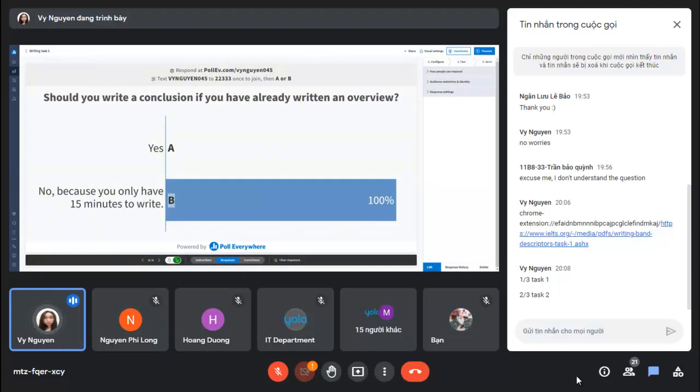But if you have a 6 points in IELTS writing test 1, but you only get a 5.5 in test 2, then your overall score will be 5.5, right? So it's important to get a higher score for writing test 2.